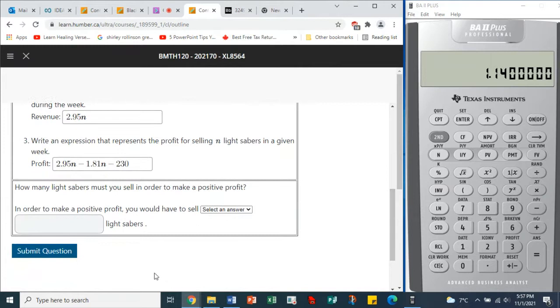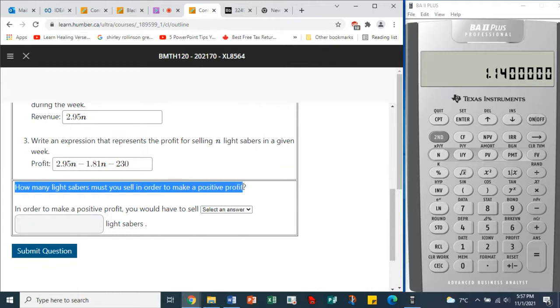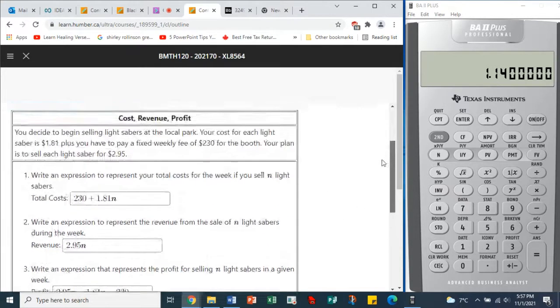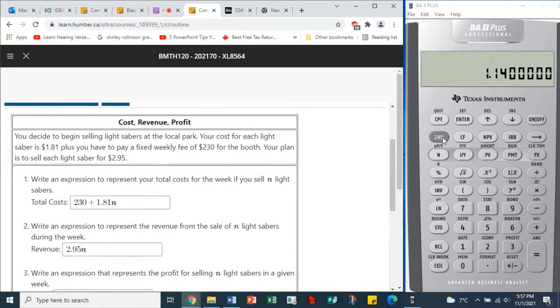All right, now how many lightsabers must you sell in order to make a positive profit? Now that is really the break even. So let's go up here and use the calculator. We go second, 6. And what's the fixed cost? Well, the fixed cost is this 230 right here, and we enter.